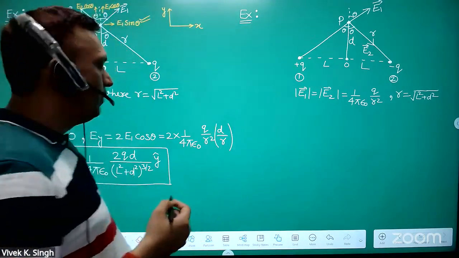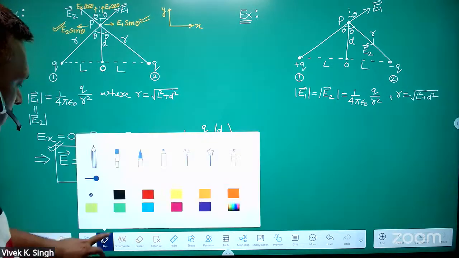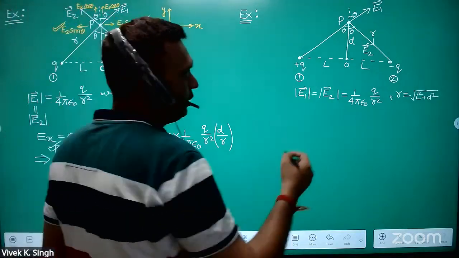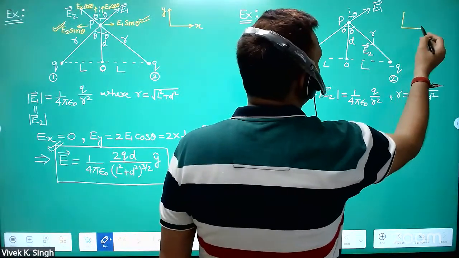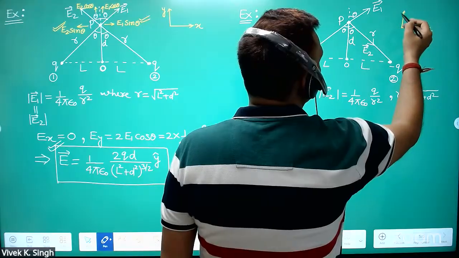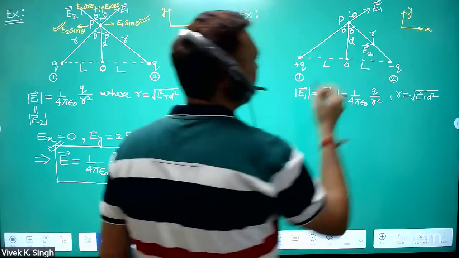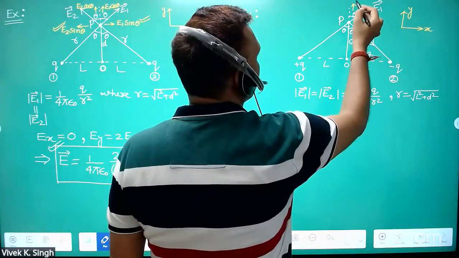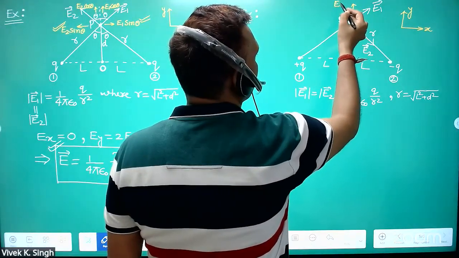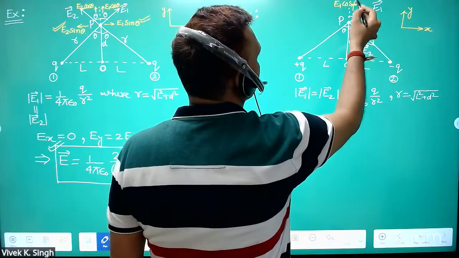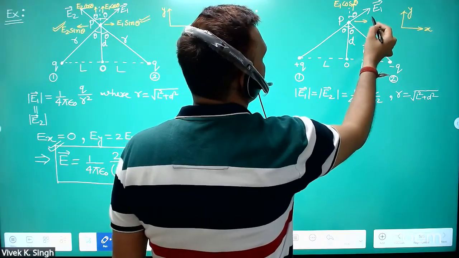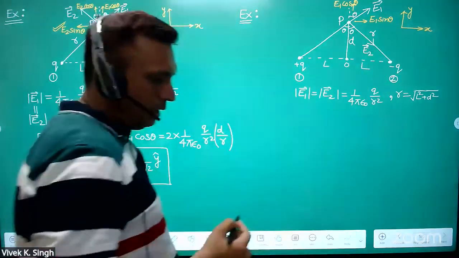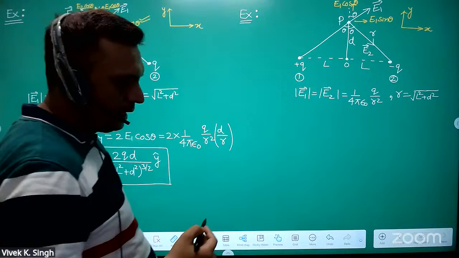Now you have to find the vector sum of E1 and E2. So again, I am taking this to be X and this to be Y. If you resolve E1 in this direction, this is E1 cos theta and this will be E1 sin theta.